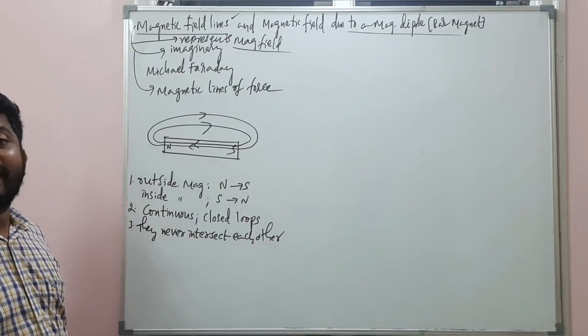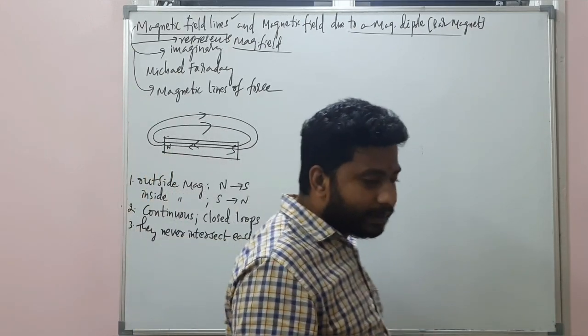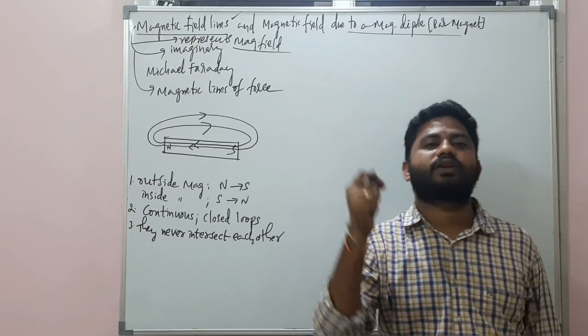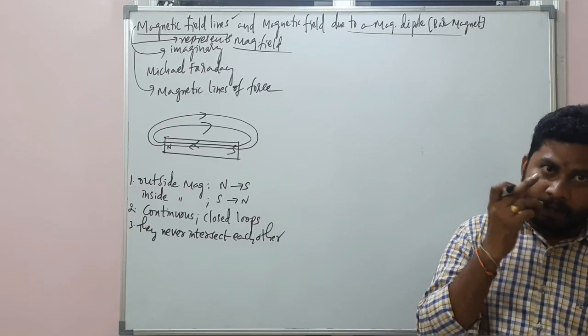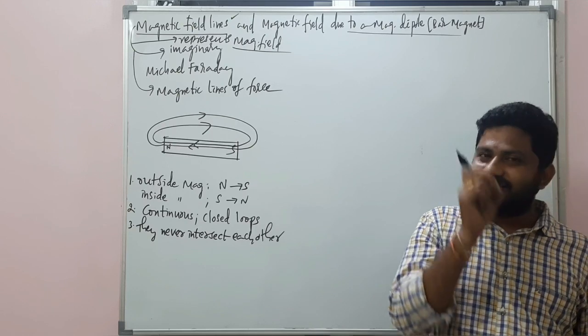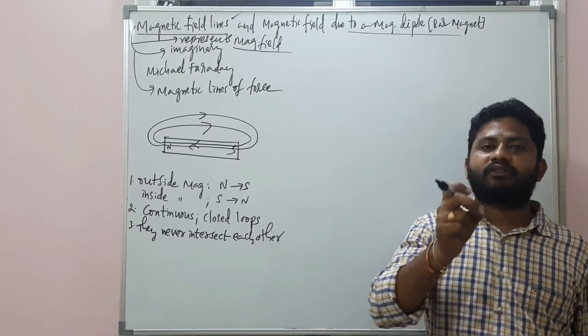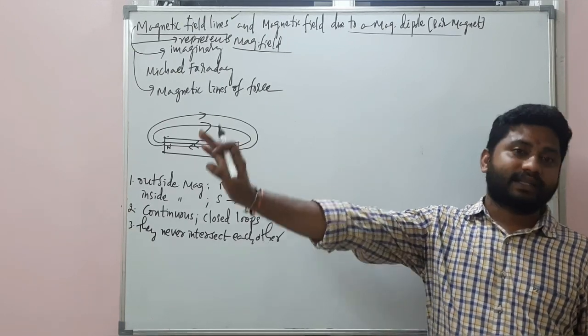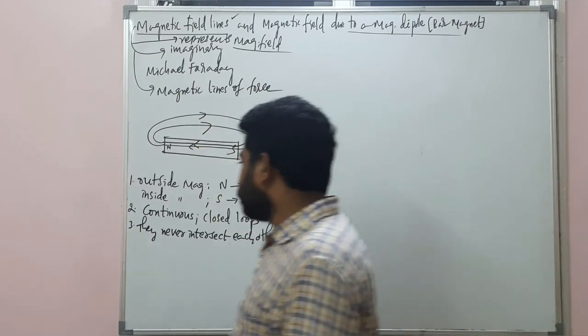So what is the proof that they never intersect each other? This is a commonly asked 1 mark question in your board exams. Justify why magnetic field lines never intersect each other. I'll just give you the answer.